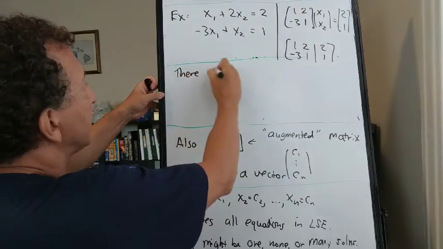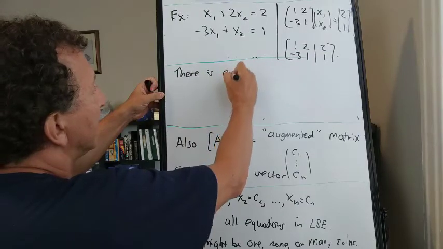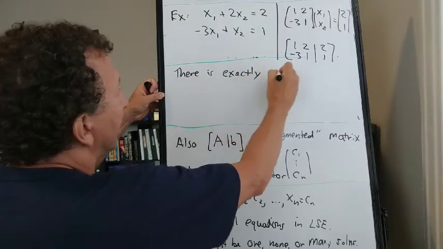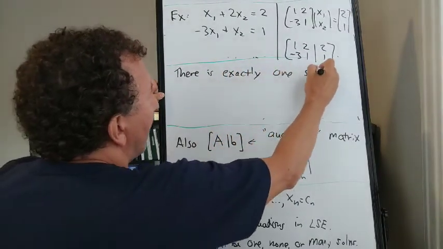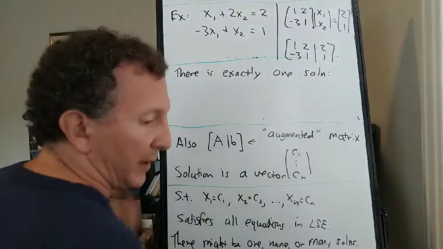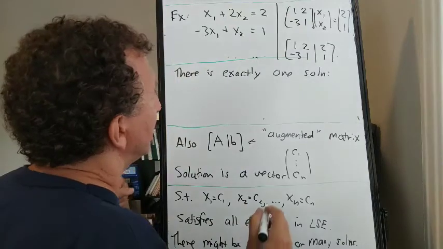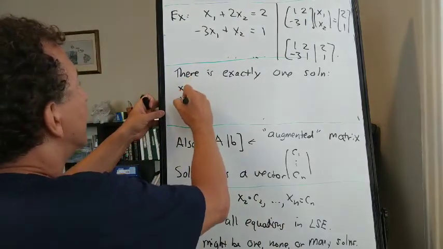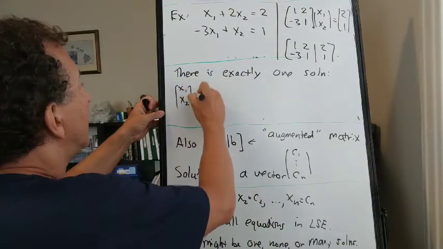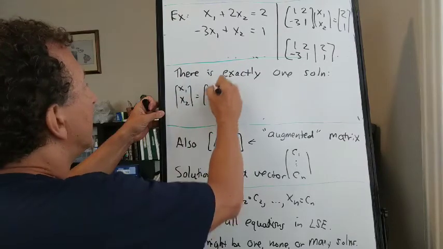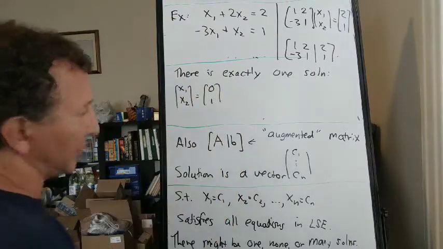In this case, there is exactly one solution. And that solution is 0, 1. That is x1 equals 0, x2 equals 1.